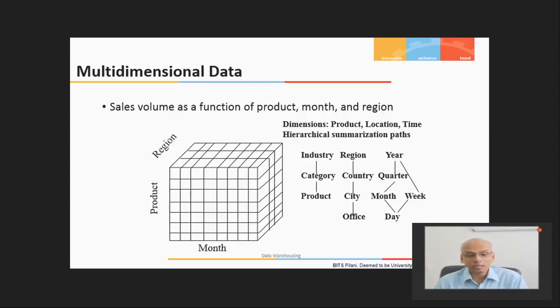So considering the cost of cube computation for a large database with many dimensions, the researchers looked at several ways in which it can be optimized so that you can compute the effective cube, not the complete cube, with much lesser cost.